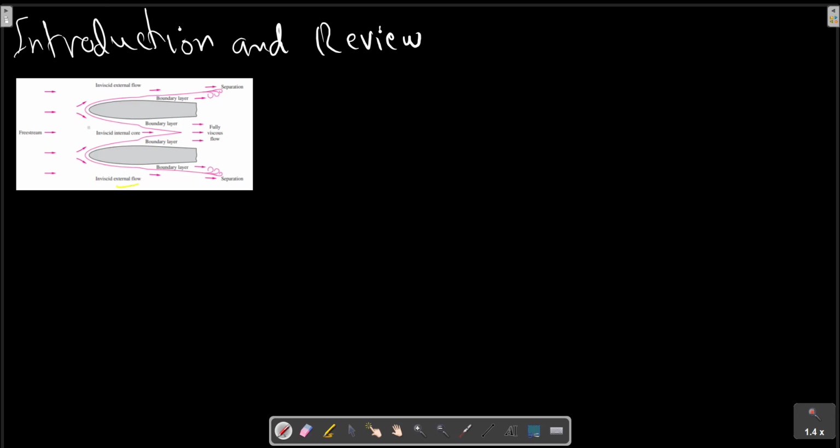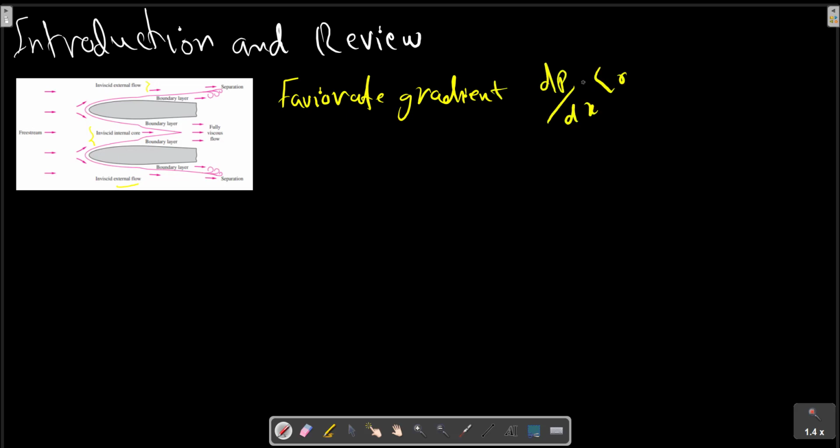which is shown also here, where we see internal viscous core and inviscid external flow. The front of the bodies are regions of favorable pressure gradient, decreasing pressure along the surface, and the boundary layer will be attached and thin.